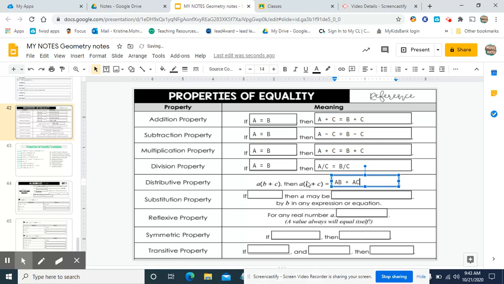So this distributive property would be the same thing as A times B plus A times C, because all you're doing is multiplying when you distribute those.